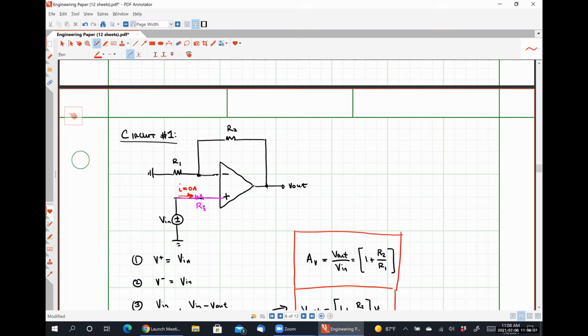Another place you might see a resistor, I'll try to draw the useless ones in pink, would be some load resistor. So I'm just going to call this guy RL. If we have some resistor here connected between the output terminal and ground, does it change any of our relationships whatsoever?